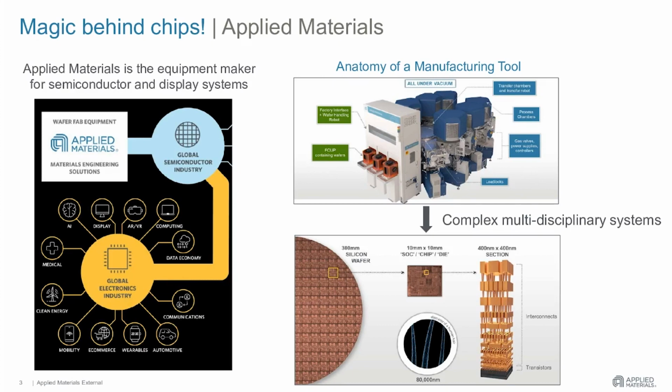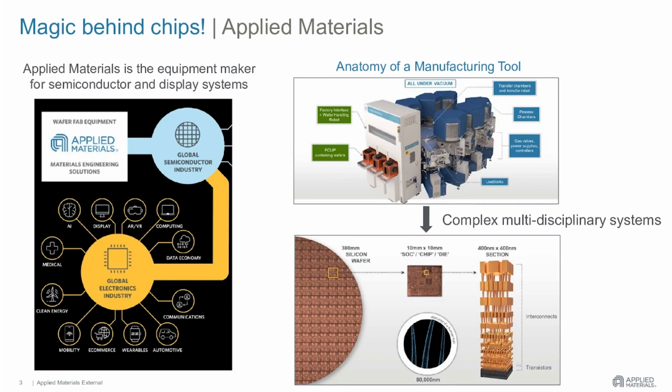So if you look at a typical manufacturing tool, the picture on your screen, most of the processes are under vacuum. We have robots moving wafers in and out of vacuum and into the process chambers where the wafers actually get made. There are toxic gases coming in either to deposit or to remove material from the wafers.